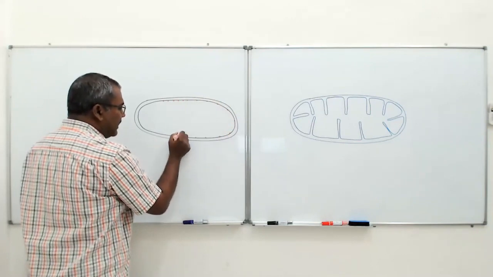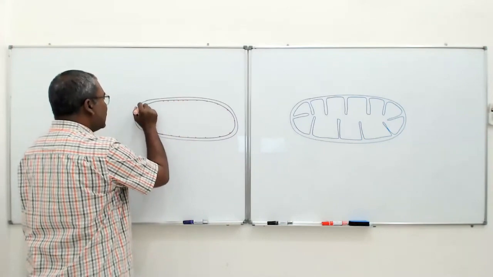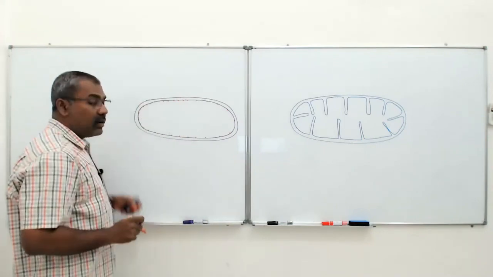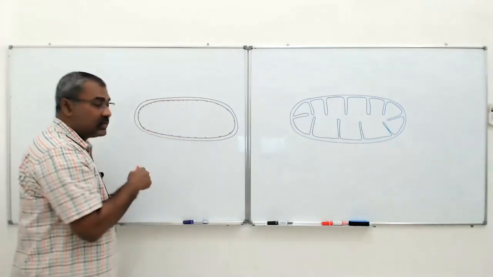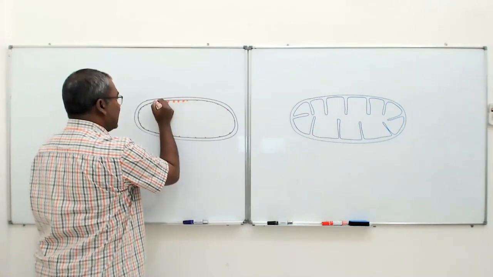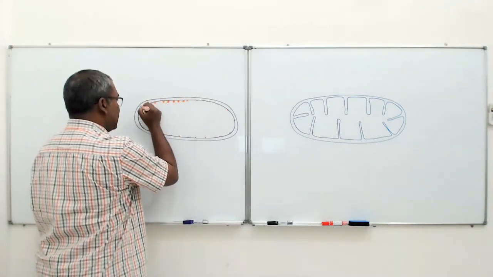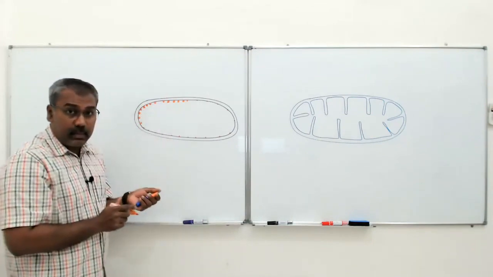Okay, katakan banyak ni enzim yang boleh melekat pada dinding dalam mitokondria, inner membrane of the mitochondria yang tidak berlipat-lipat. Can you see the dots? I have dots here. Katakan these are the enzymes. Melekat pada dinding dalam yang tidak berlipat-lipat.